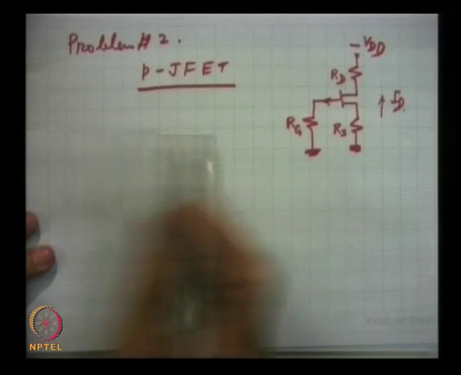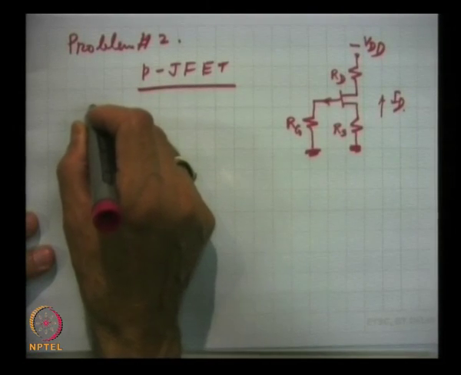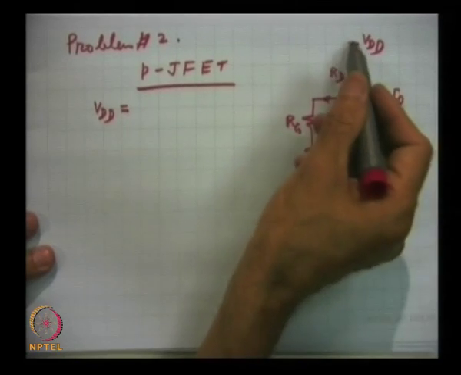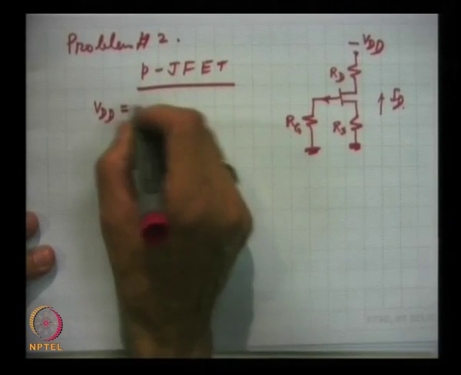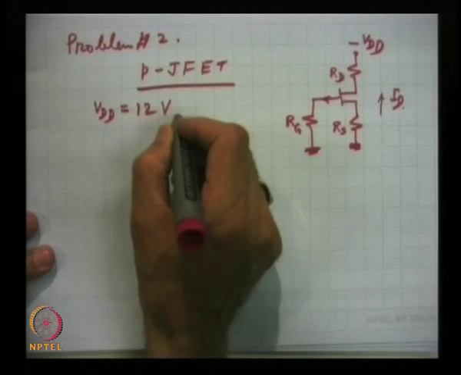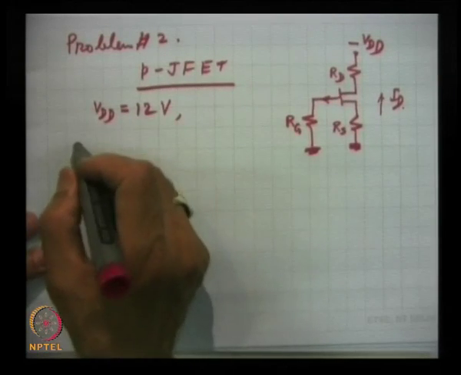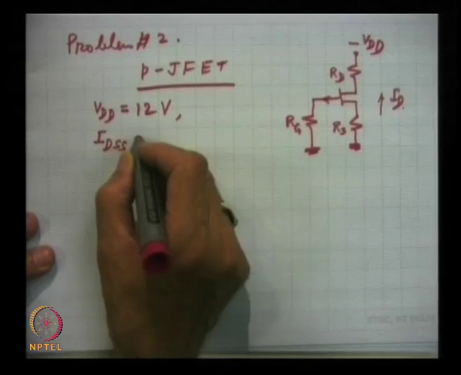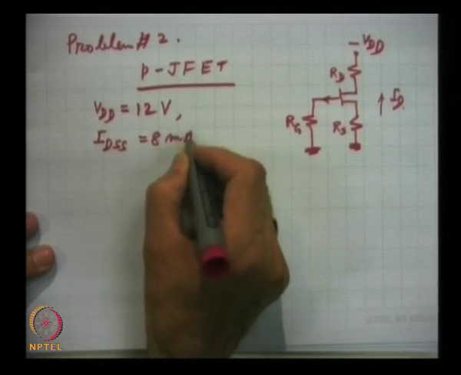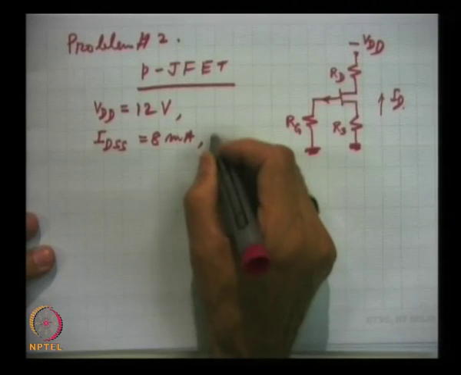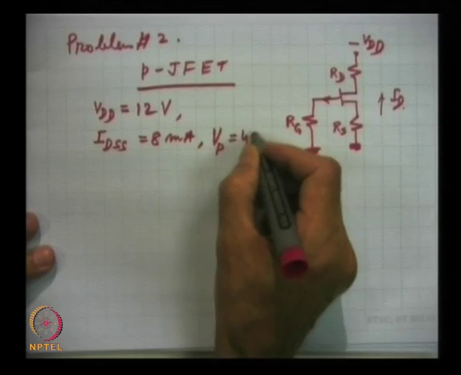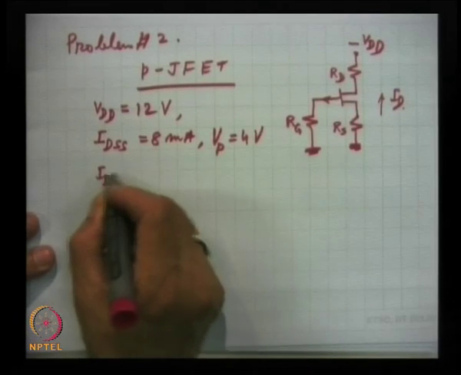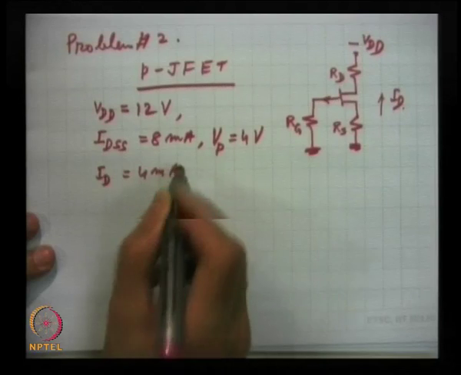Here VDD is 12 volts, the sign is provided here, so it is actually minus 12 volts, the magnitude is 12 volts. The drain current IDSS is 8 milliampere, the pinch off voltage is 4 volts, and ID is 4 milliampere.